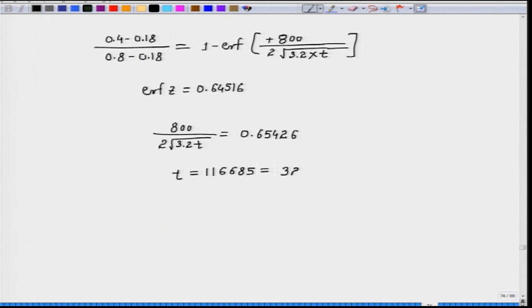This will come out to be 32.4 hours. So, in this particular case, to achieve the case depth of 800 micron, the carburizing time should be 32.4 hours at 820 degrees Celsius, and the case depth in this case is defined as the depth at which carbon concentration becomes 0.4 weight percent.